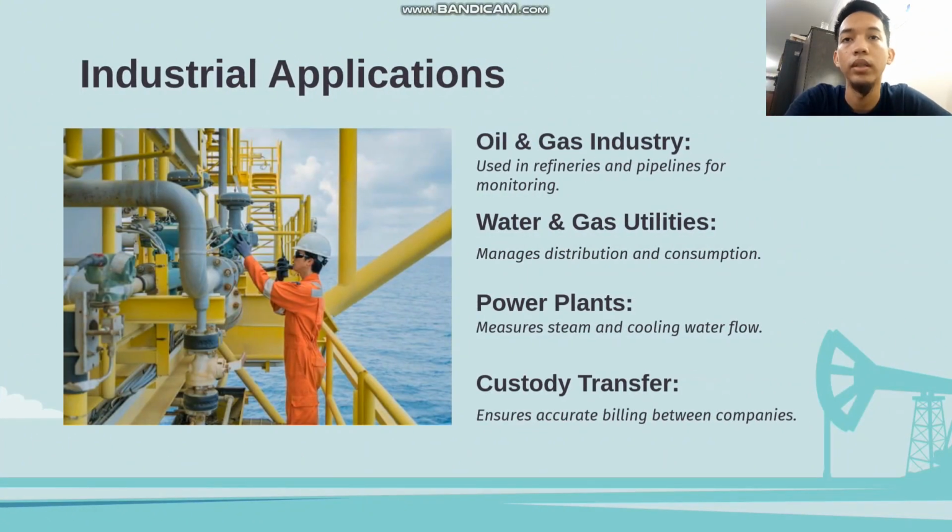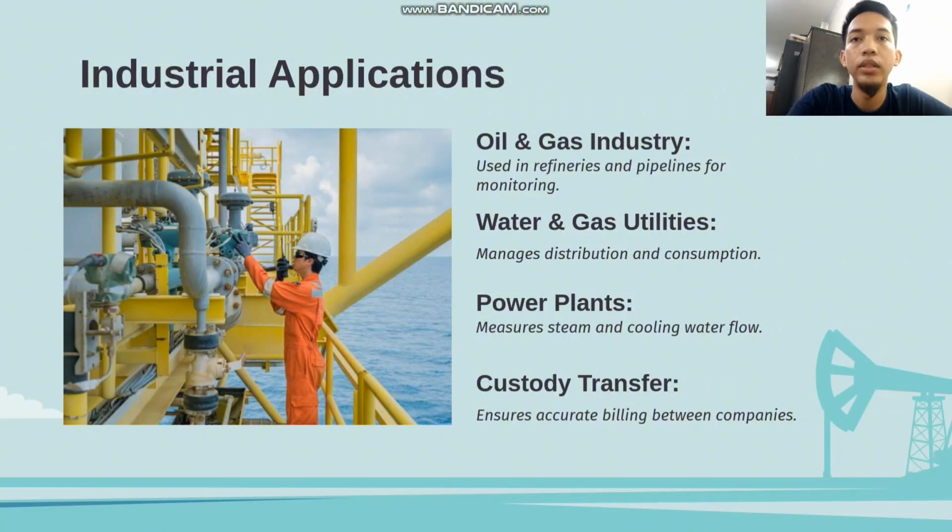And now let's look at some industrial applications of the pressure difference flow metering system. In the oil and gas industry, these systems are widely used in refineries and pipelines. They help monitor the flow of oil and gas to ensure safe and efficient operation.